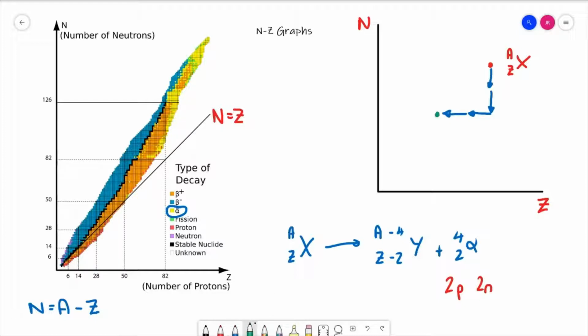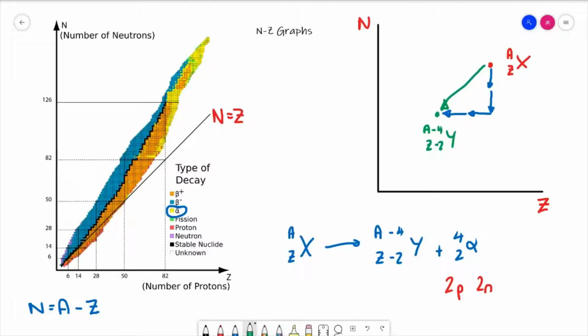It's also losing 2 neutrons and will therefore drop 2 steps on the y-axis. Our daughter nucleus will finish there, and that will be A minus 4, Z minus 2, Y. So the total change is that green arrow there.